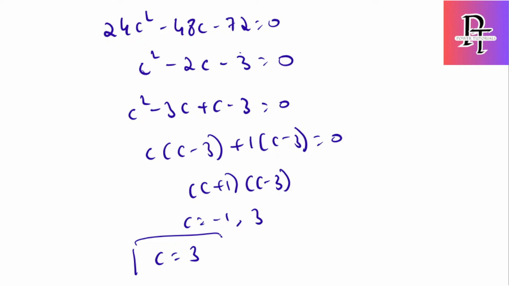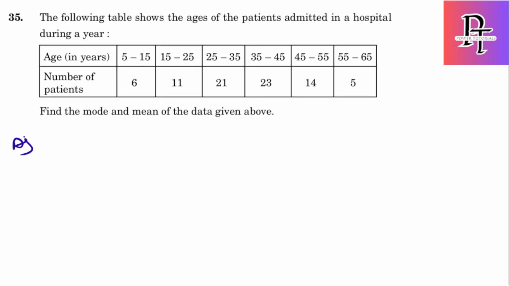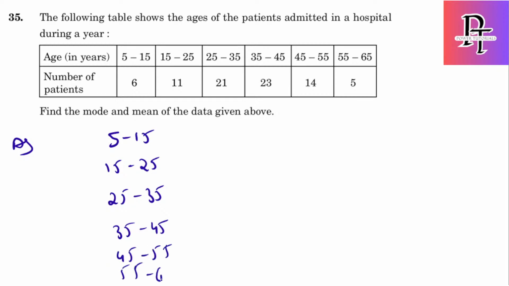Let's move to the next one. 35th. In the following figure, patients are mentioned during the year, and they are asking to find the mean value. Okay, let's write it this way. X values are 5 to 15, 15 to 25, 25 to 35, 35 to 45, 45 to 55, 55 to 65.